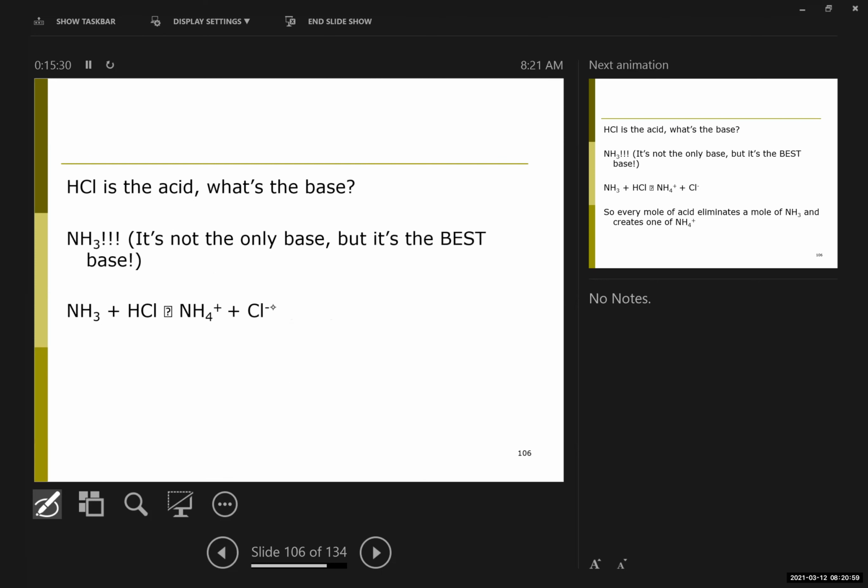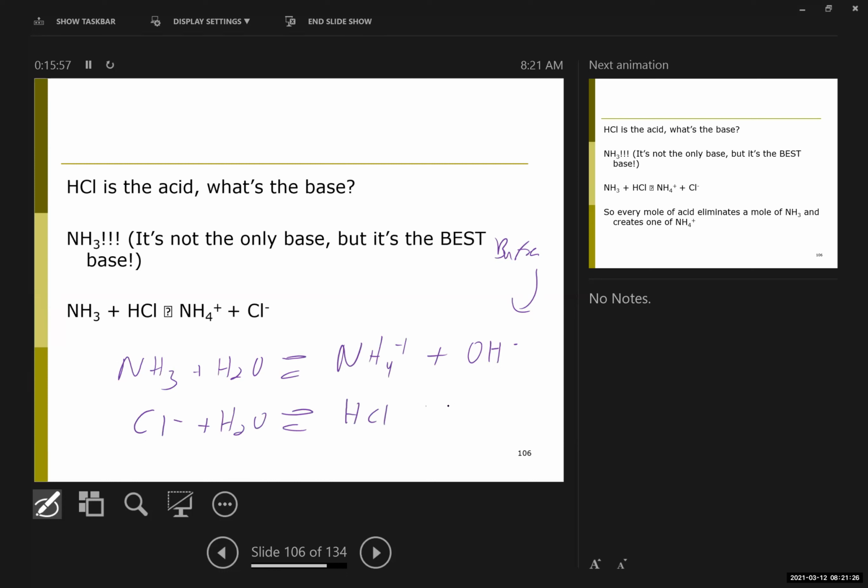And so this is really, again, the buffer we had on Wednesday, which is governed by this equilibrium. This is essentially the buffer equilibrium. There is technically also a horrible KB reaction for the chloride.